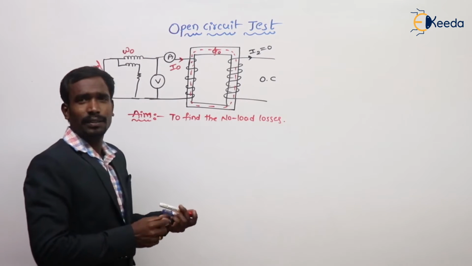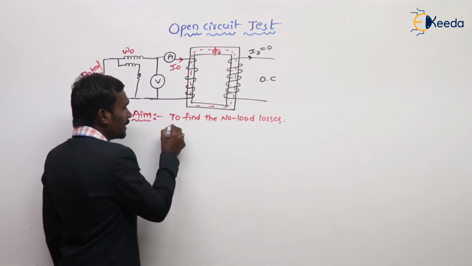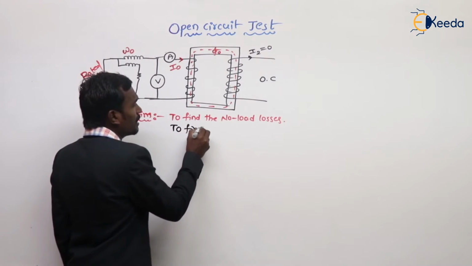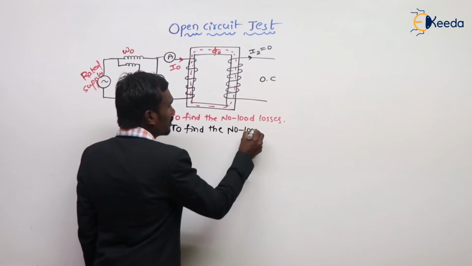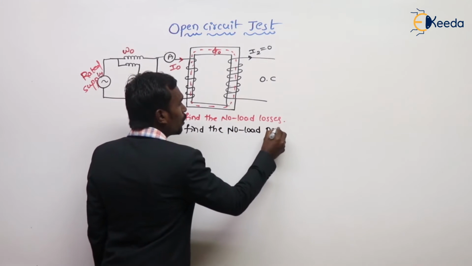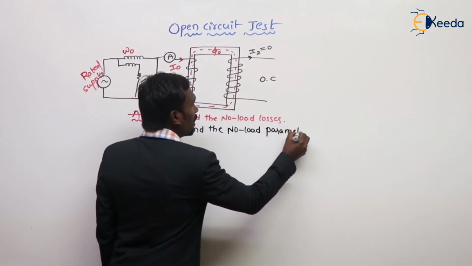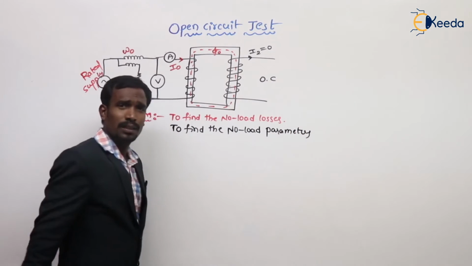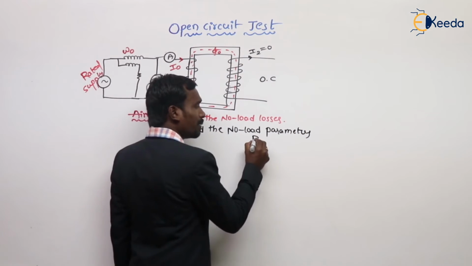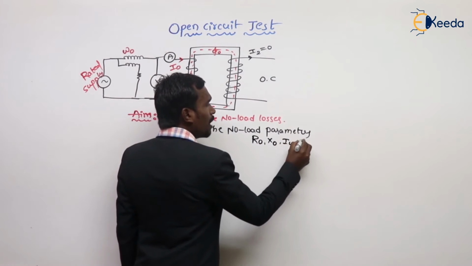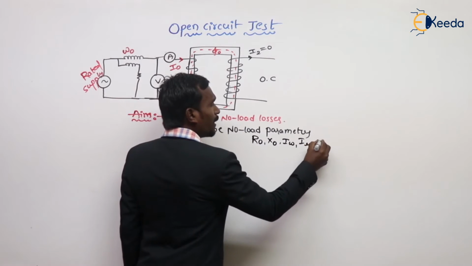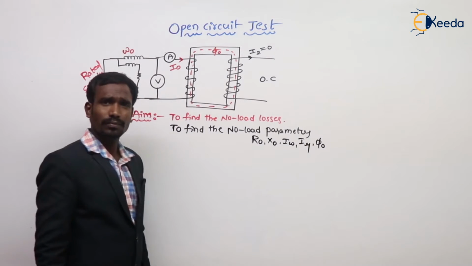This is very important. Next, to find the no load parameters of my transformer. No load parameters are nothing but R0, X0, IW, I mu, and phi naught, etc.